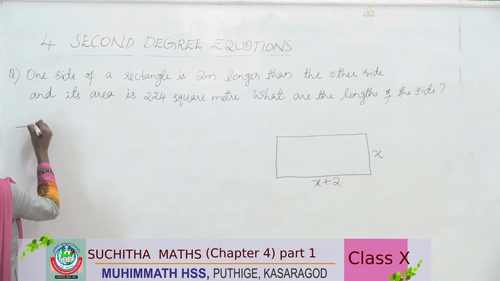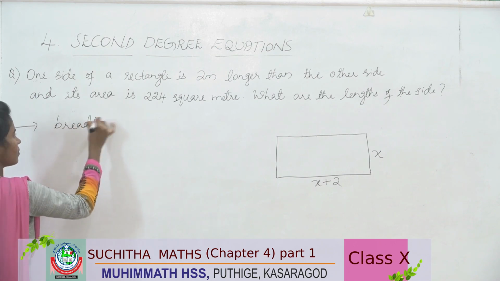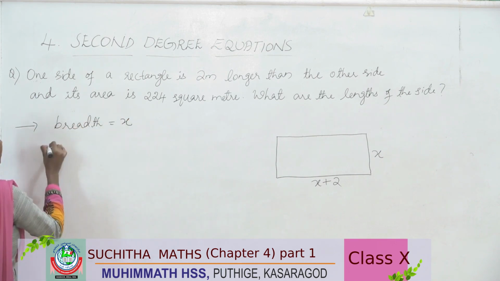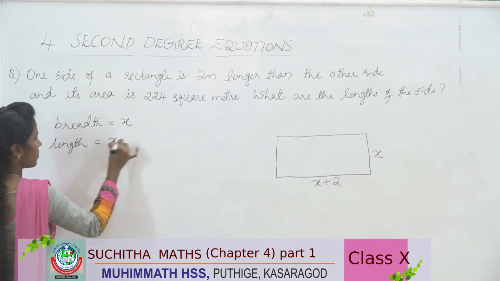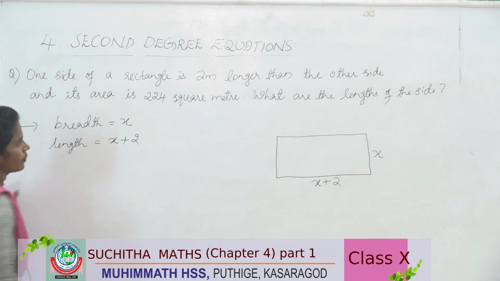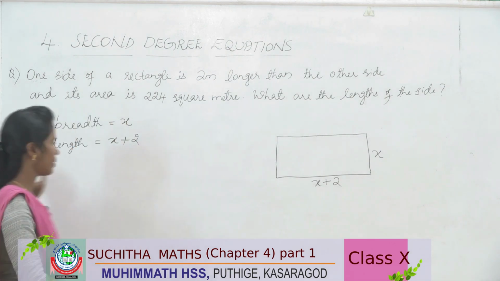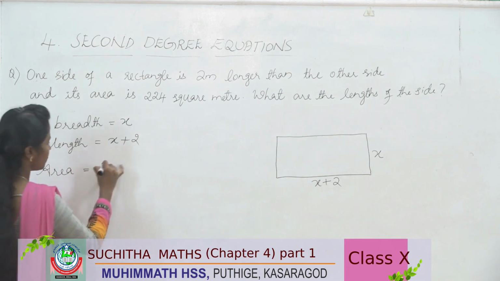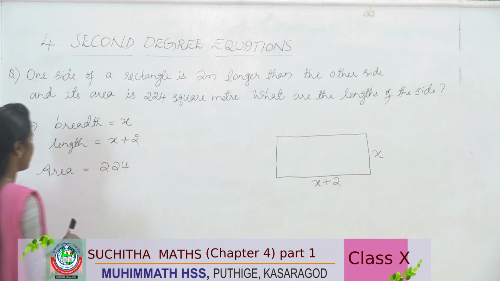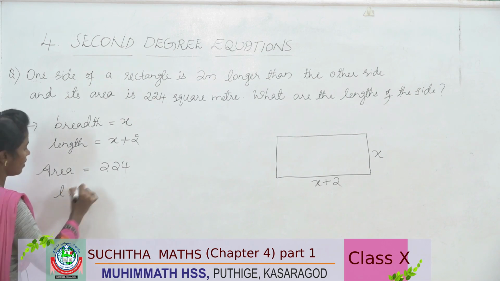Here breadth equal to x. Therefore length equal to x plus 2. And given its area is 224 square meter. What is the area of a rectangle? Length into breadth is the area.